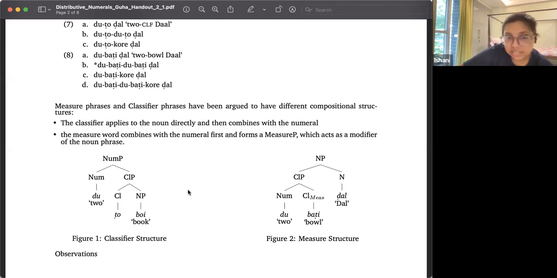Okay, so one of the ideas that I have, which is something that you can comment on, is that my idea was it must be the fact that reduplication fails to apply to measure phrases alone without core, but it applies fine with classifier phrases.